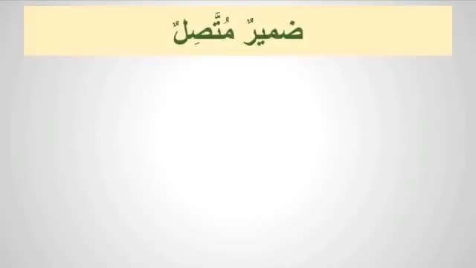So this is our revision for the previous session. Inshallah we'll be moving forward to our new concept, which is damirun muttasilun. So what is damirun muttasilun? We know damir means a pronoun, and muttasilun means attached. It comes and attaches.